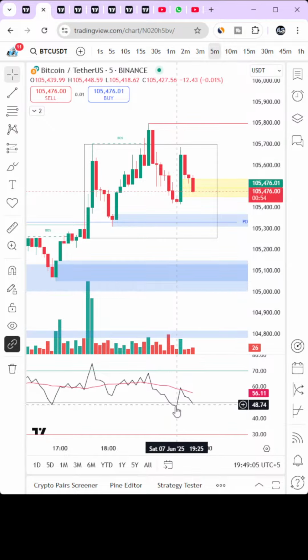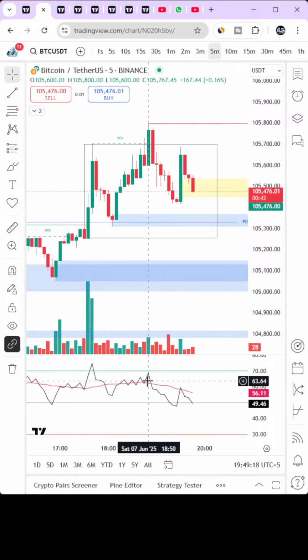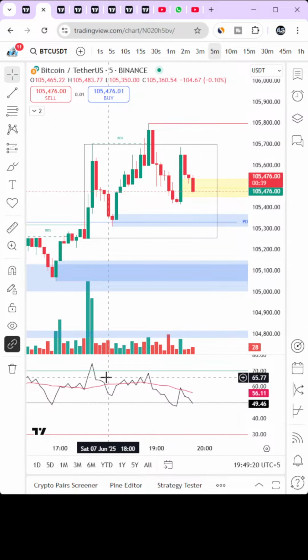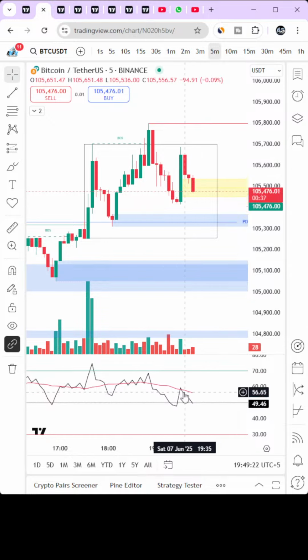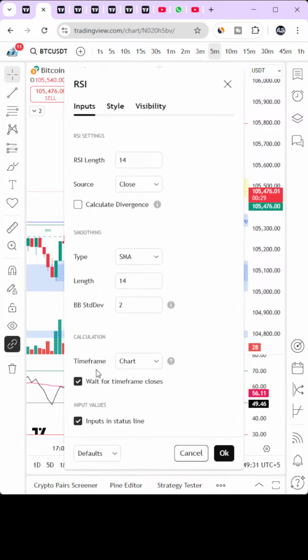Now these are the signs which the RSI creates in advance. That's why this selling is coming, and the pink line is above this black line. This is the bullish sign. This pink line is the moving average line. I am showing you the setting here.